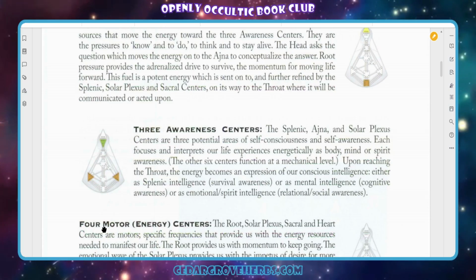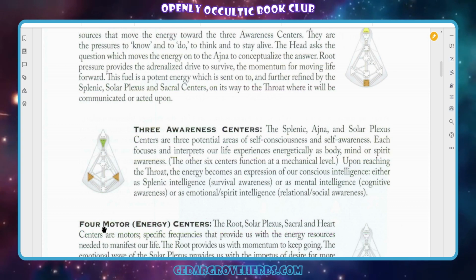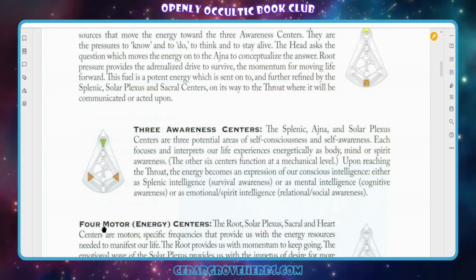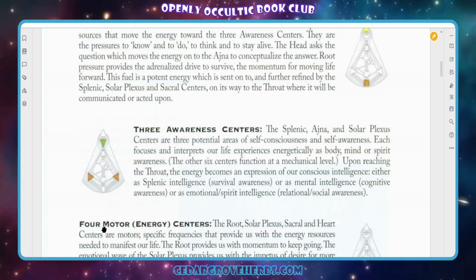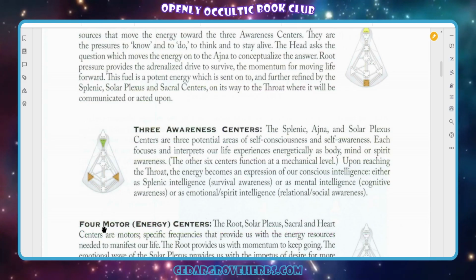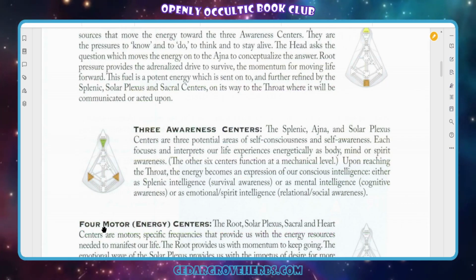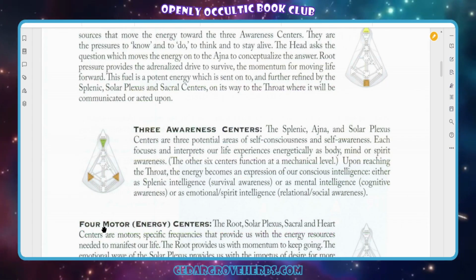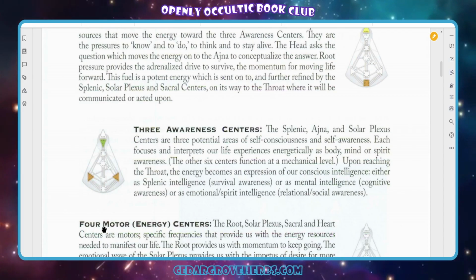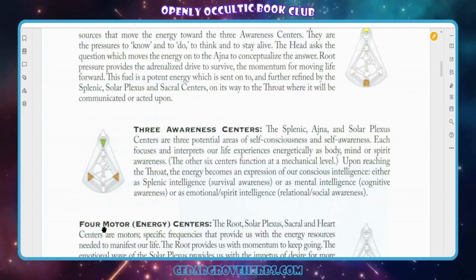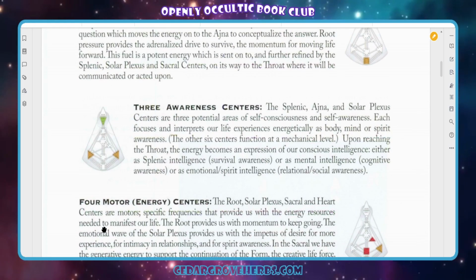Upon reaching the throat, the energy becomes an expression of our conscious intelligence, either as splenic intelligence, which is where your survival awareness comes from, or as mental intelligence, which is where your cognitive awareness comes from, or as emotional or spirit intelligence, which is relational and falls under the umbrella of social awareness, right?